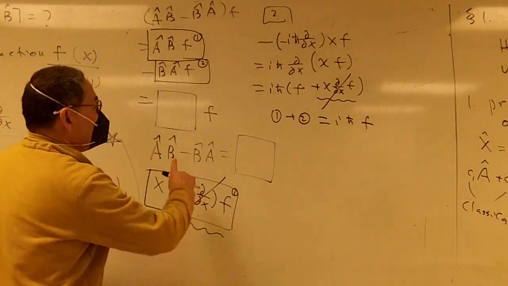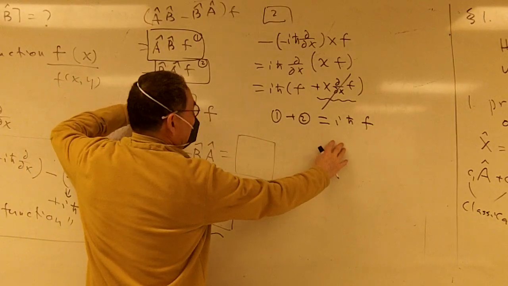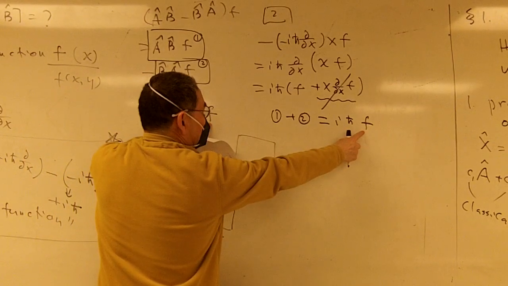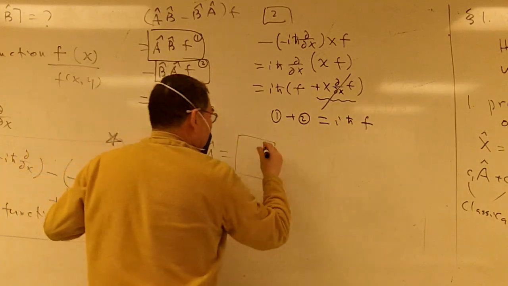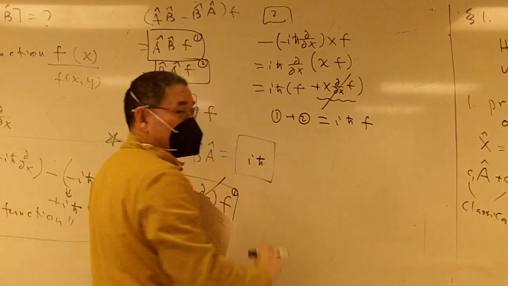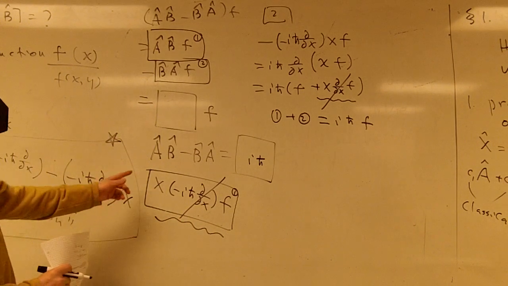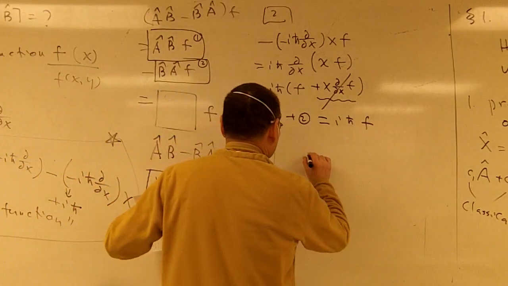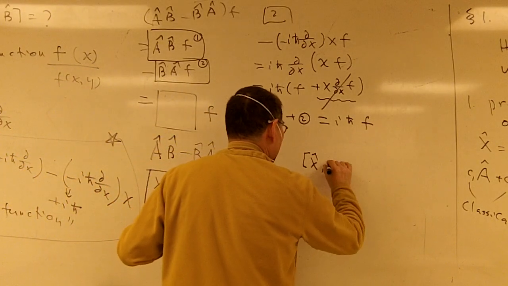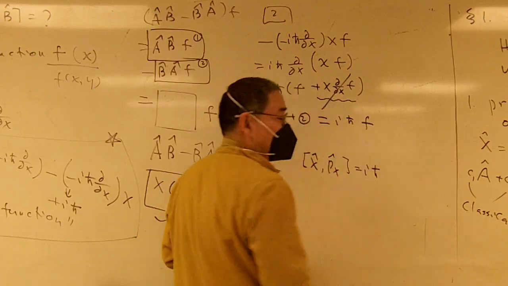So now you compare this term and that term. Did you see both sides have f? So this box here is going to equal iħ. So then, if we revert back to what we had before, x hat, p hat equals iħ.